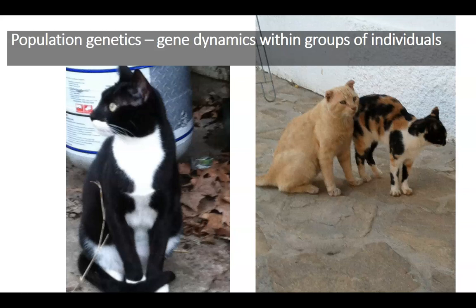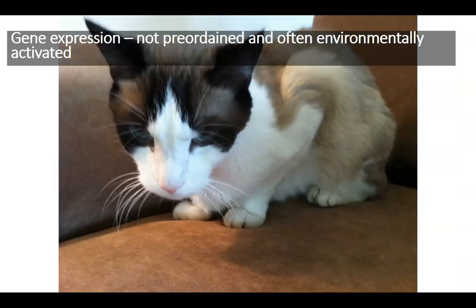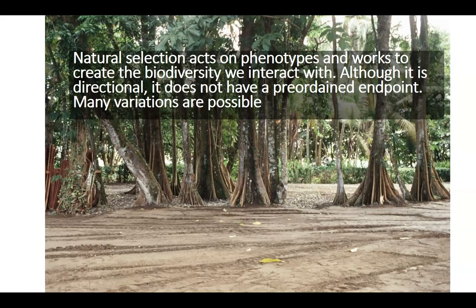What kind of reservoir of adaptation is there within the code of those animals? And the last idea I want to share with you about cats is it's true for all organisms, and that's that gene expression is not preordained, and it's oftentimes environmentally activated. So that's true with some aspects of cat coloration, and it's certainly true when we talk about plants and forests.